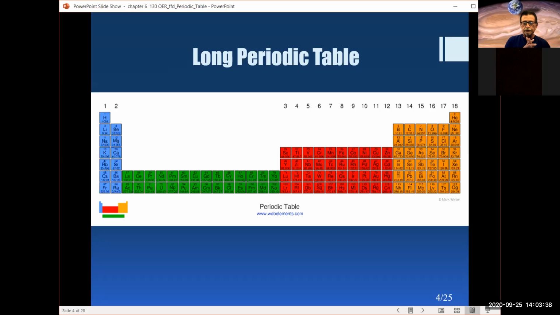They're also proposing to change the numbering sequence on top. Notice the columns are numbered 1 through 18 and get rid of the Roman numerals. Now, that's still up in the air. I think the Roman numerals do offer a lot more information because they're telling you how many valence electrons exist in that particular column. Okay.